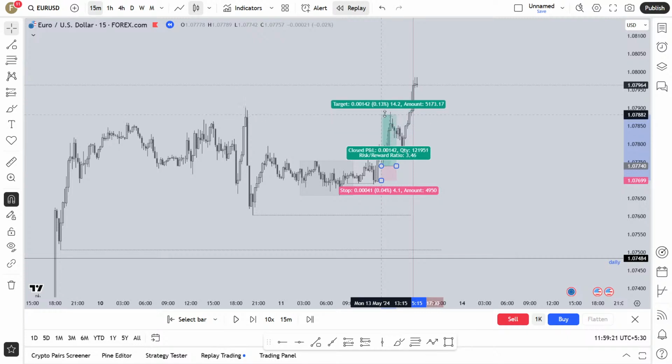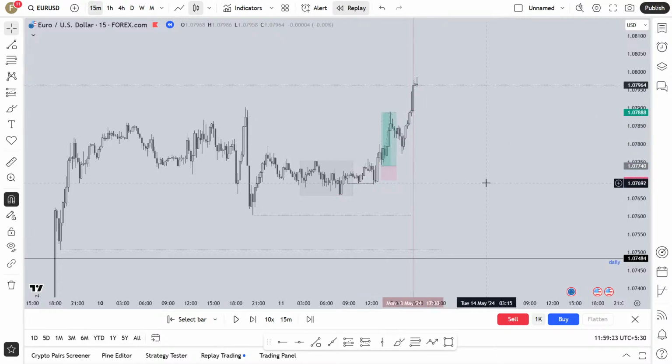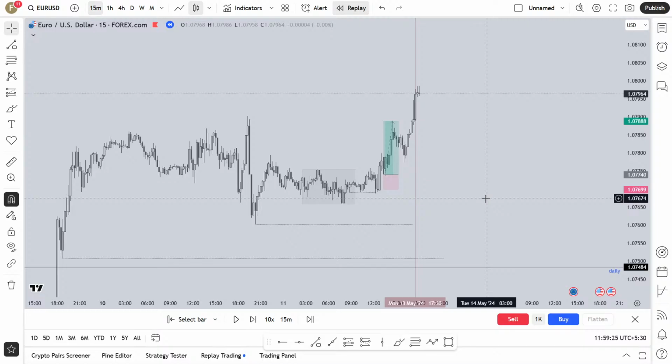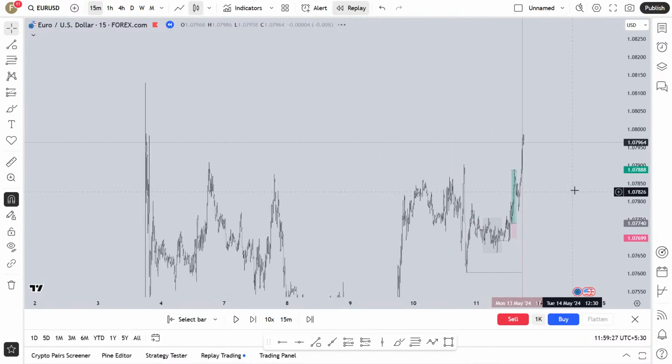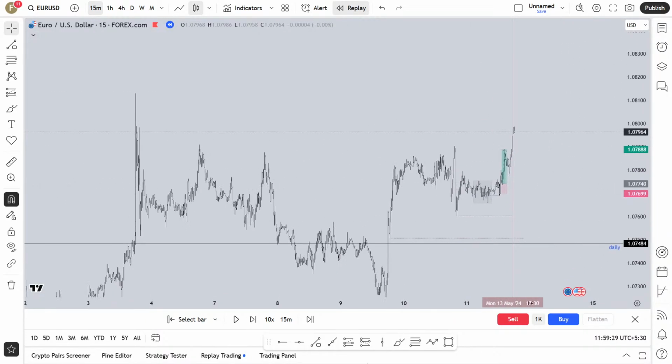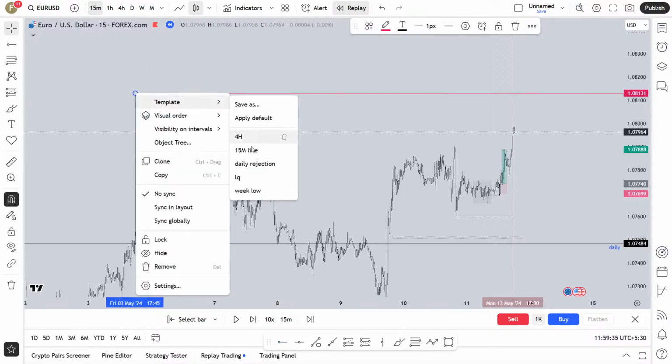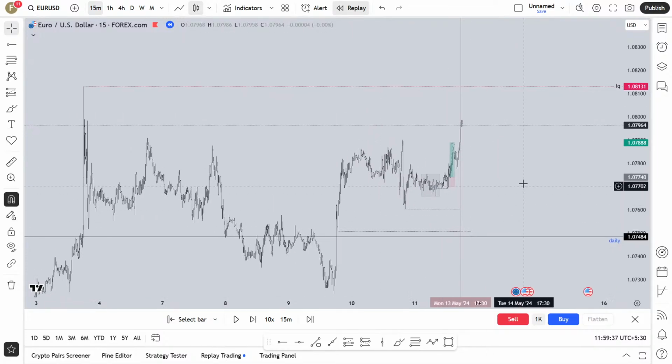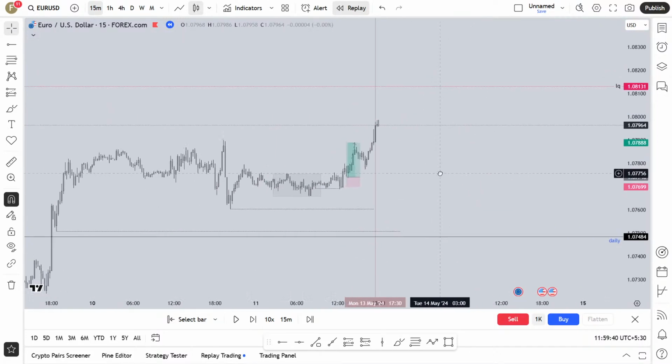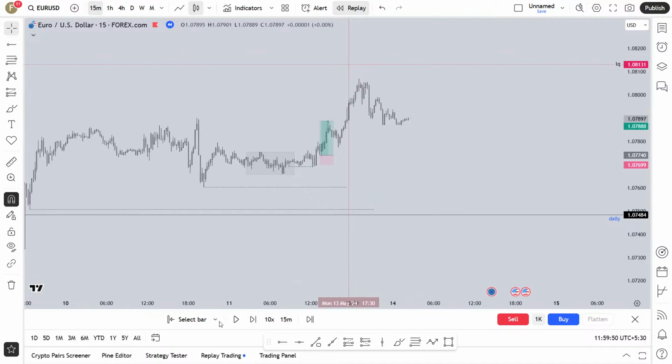So anyway, now we are going to maybe take all this liquidity. Don't know. Let's see. Monday. So I'm not seeing any good setup now, so I quit the day.